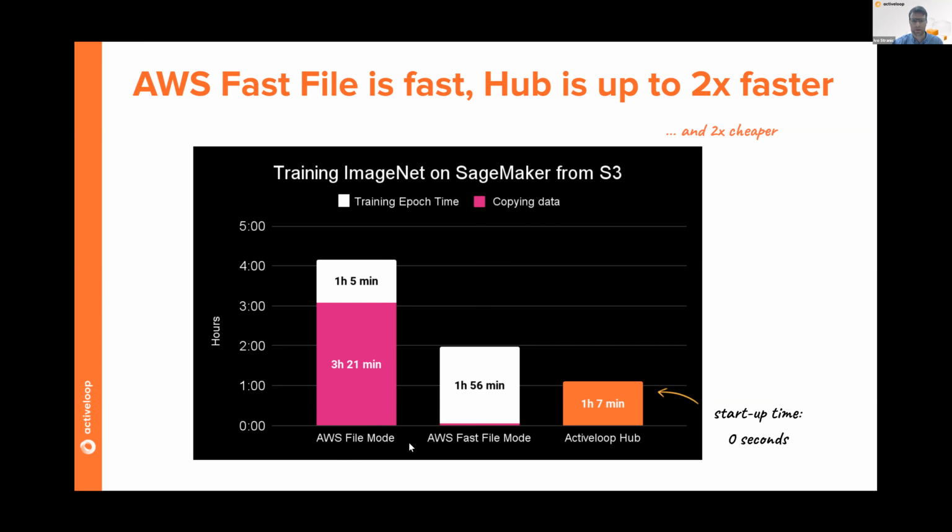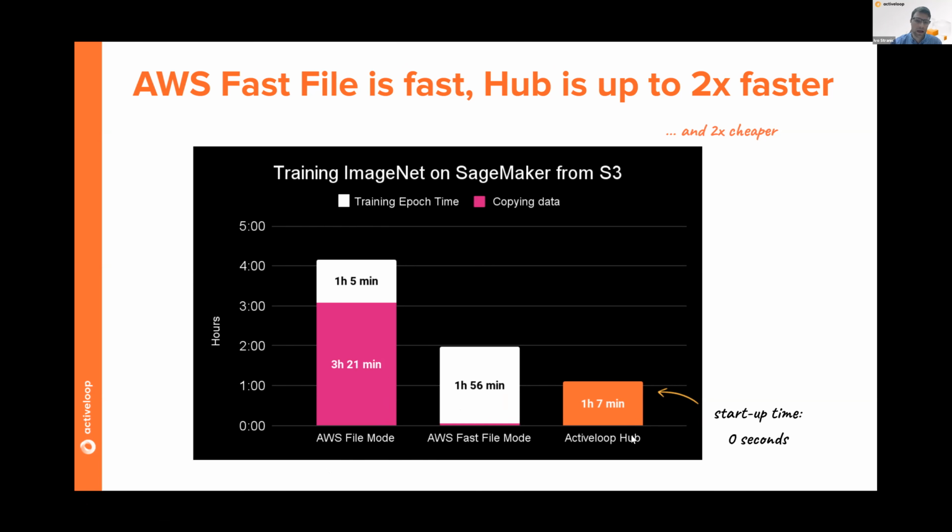Then AWS introduced this notion of fast file mode that essentially streams the data from the S3 bucket to the training instance. And it works pretty well. You can cut this down to about 2 hours total. So the training is a little bit slower, but you don't have all this downloading. And then we have Hub. This is the exact same data set in an S3 bucket.